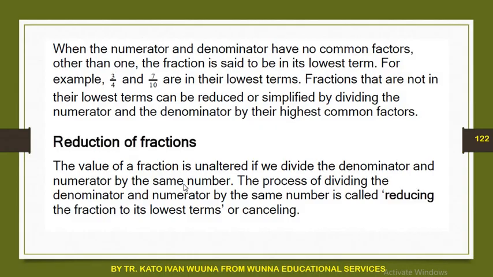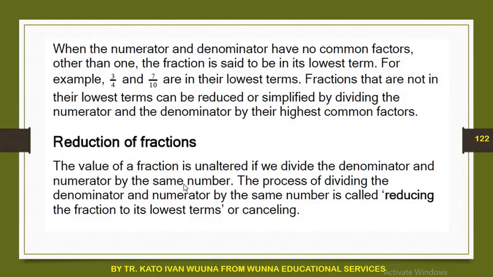For instance, if we have 8 over 10, 8 has a common factor with 10, which is 2. So if we reduce 8 over 10 by the common factor 2, we get 4 over 5.